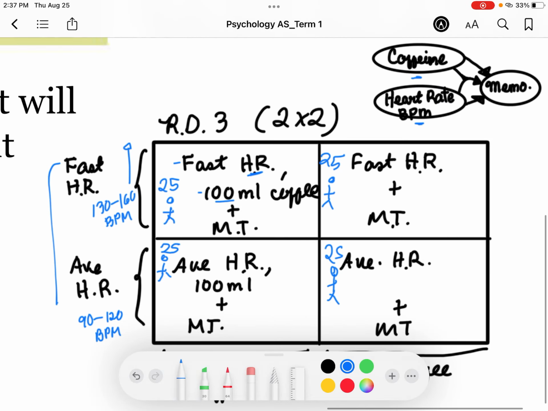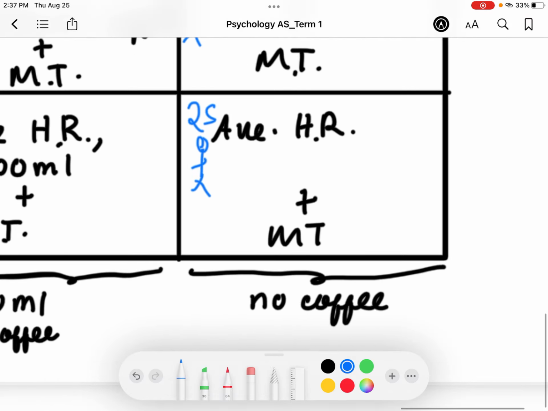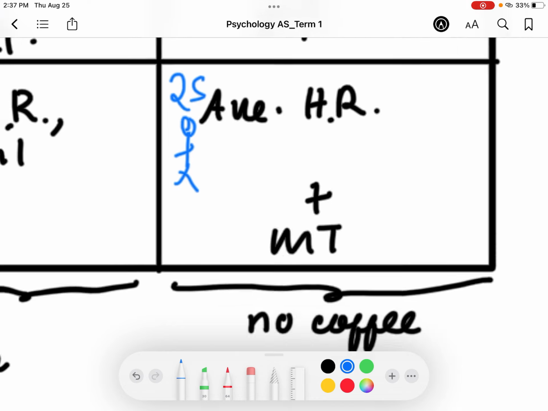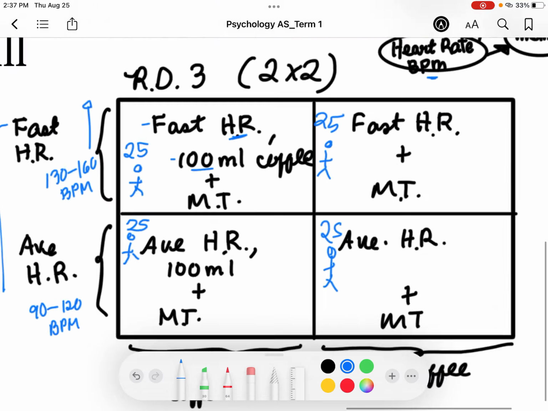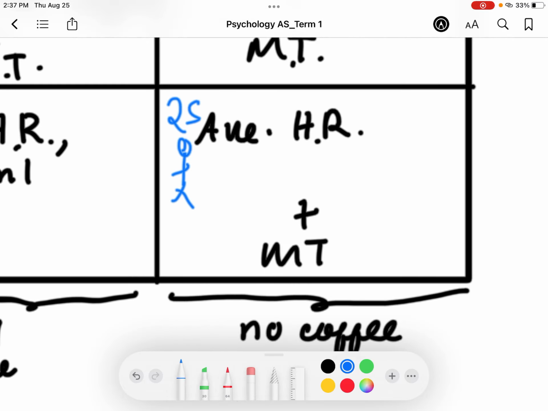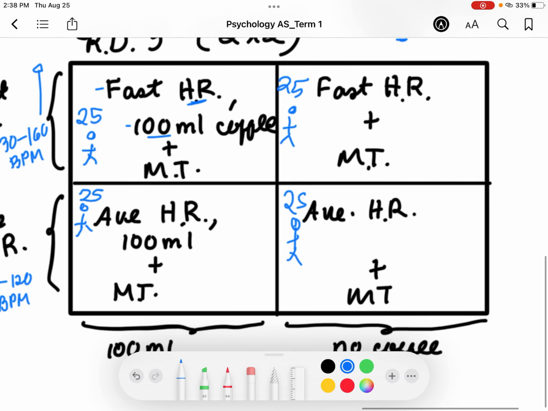Once it becomes 130 to 160 beats per minute, you can make them do the memory task, because this is also the group with no coffee, right? Now, average heart rate and memory task. This is the group for no coffee and also average heart rate. Okay, so you check their heart rate. If it is within 90 to 120, you make them do the memory task. Okay, that's it. You have 4 groups.